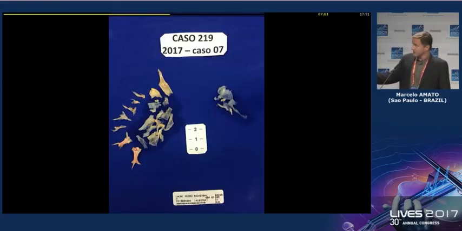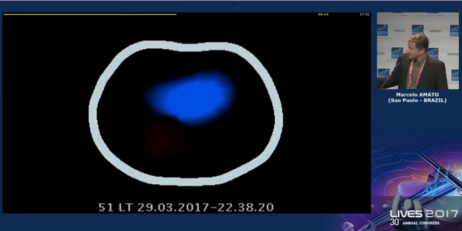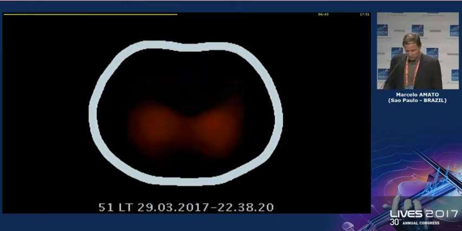It's interesting because after removing these clots, and now there is a very invasive surgery to do this, look what happened. We did a perfusion EIT study right after removing these clots, and this is the final result. Complete reversal.